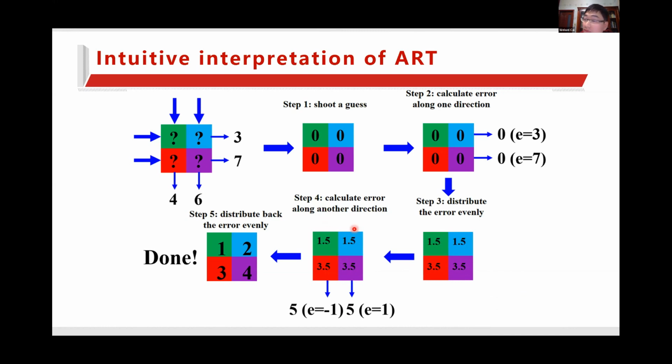And then we check whether the vertical projections are correct or not. Unfortunately, they are not correct. Then we have to correct the values along the vertical direction. So again, we divide the errors by 2 and add them to the pixel values. Then we update these values again. Now we sum up along the vertical and also the horizontal directions. We found that this time the projections agree with the measurement. Then that's the true solution of this problem.